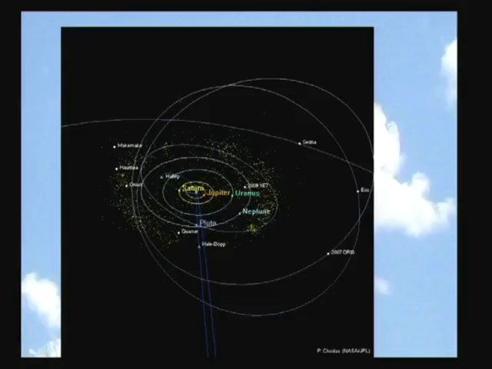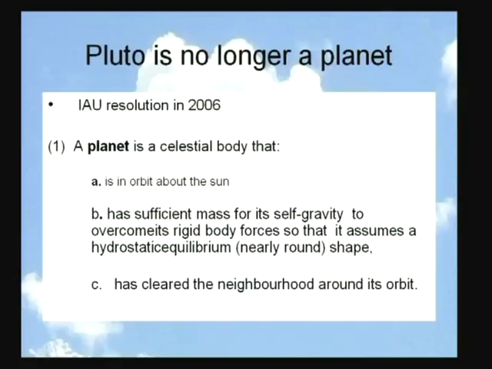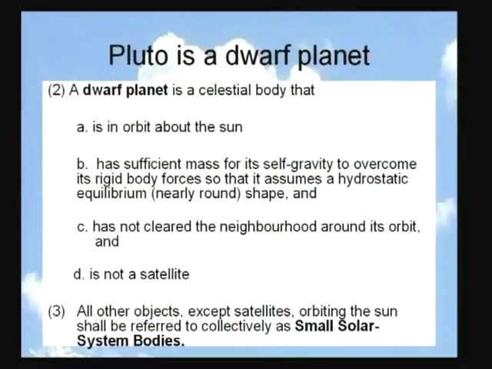Whereas Pluto, you can see its orbit passes through this region which is densely filled with asteroids and other objects. So, Pluto does not satisfy this criterion. Now, to accommodate objects like Pluto, the International Astronomical Union introduced something called a dwarf planet. So, Pluto is now a dwarf planet.